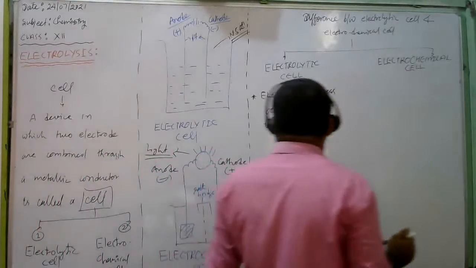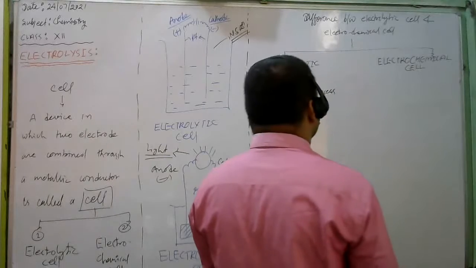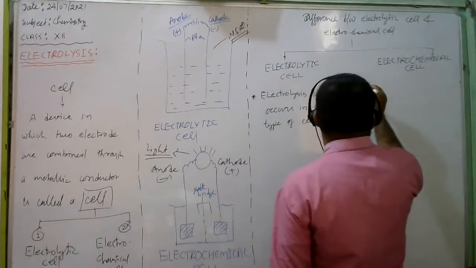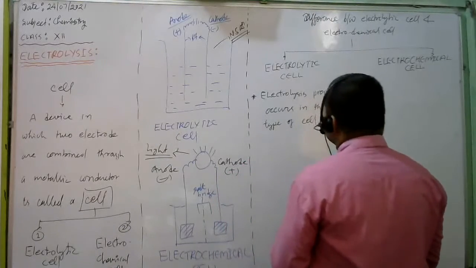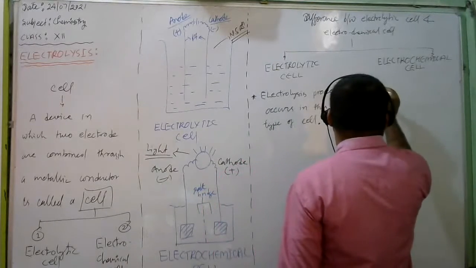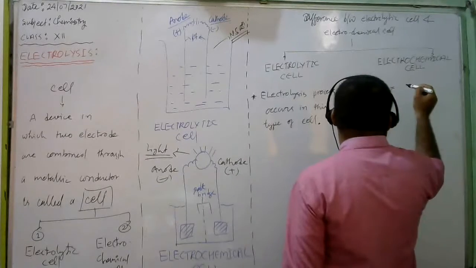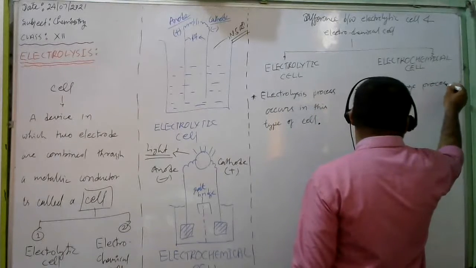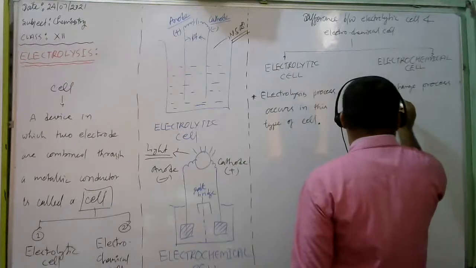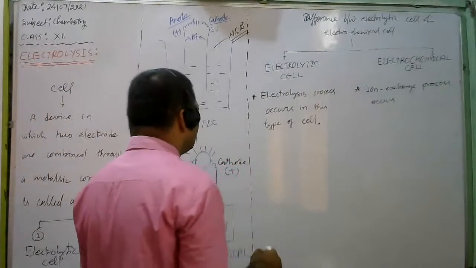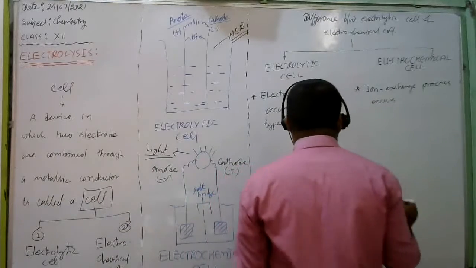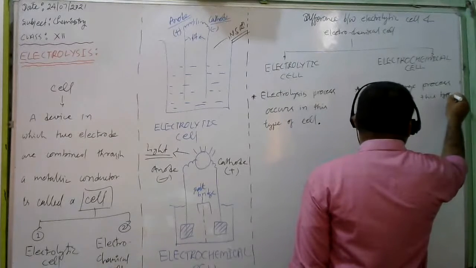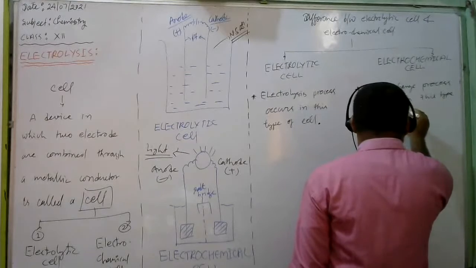Here, the ion exchange process occurs. Here, the ion exchange process occurs in this type of cell.